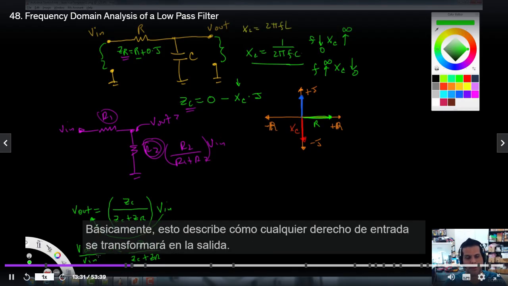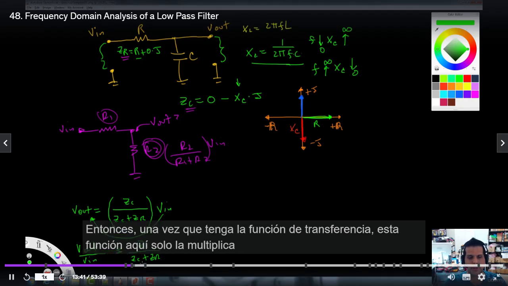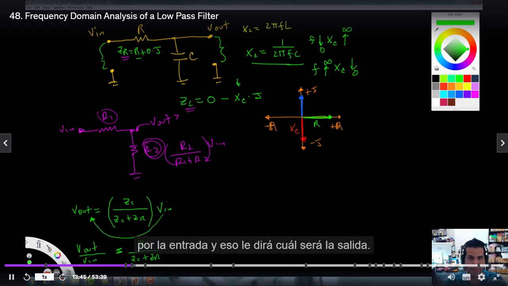So basically this describes how any input will be transformed to the output. This is called the transfer function. Once you have the transfer function, you just multiply it times the input, and that would tell you what the output would be.